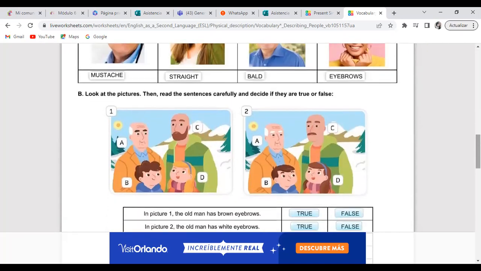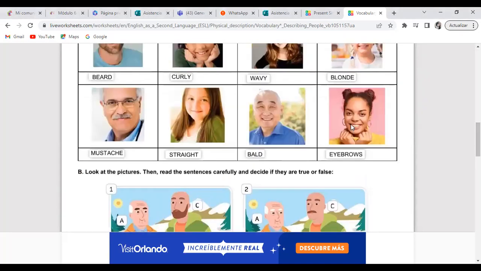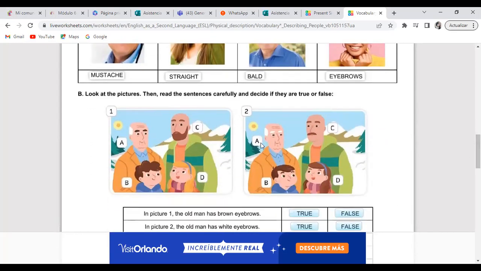Now, look at these two pictures. They are very similar, guys. These two pictures are very similar. Yes, eyebrows, pero vamos a definir cómo son sus cejas de esta chica. Son gruesas, ¿no? So she has thick eyebrows. Bueno. Now, let's look at these two pictures.